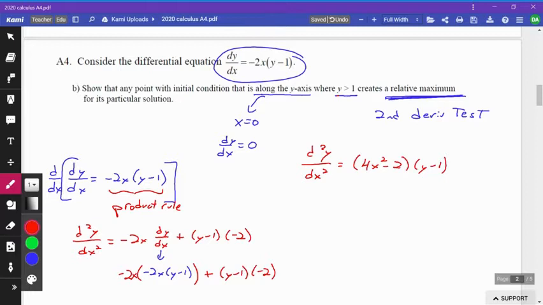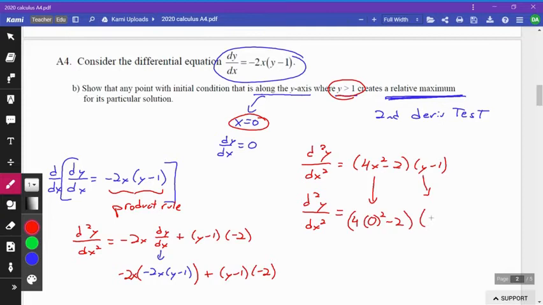Now, when y is greater than 1 and x equals 0, I plug those in. So for d squared y over dx squared, I plug in 0 for x, and I plug in something greater than 1, let's just plug in a 2.